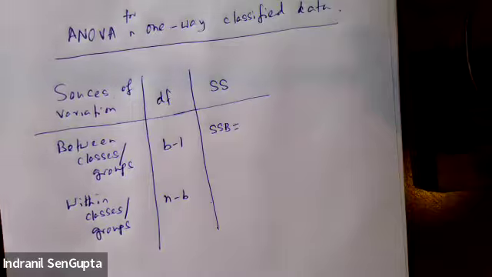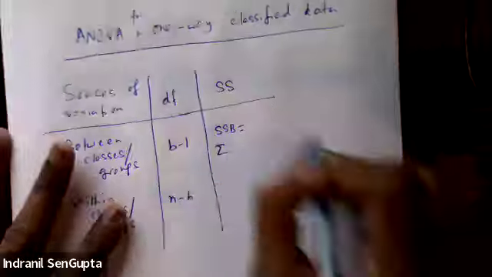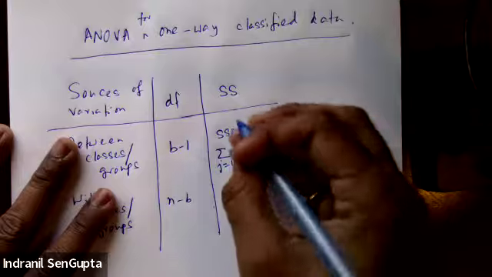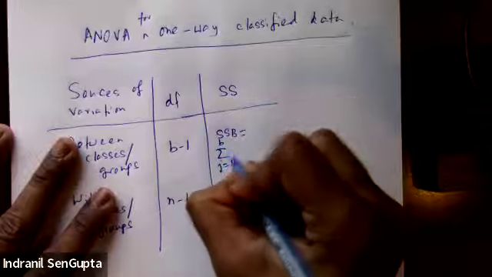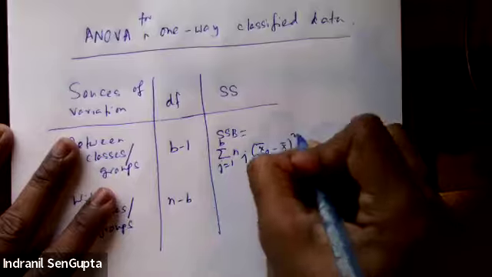And what is SSB? Well, this is summation, I'll just write it for completeness. It's the sum over j from 1 to b of n sub j times (xj bar minus x bar) squared.